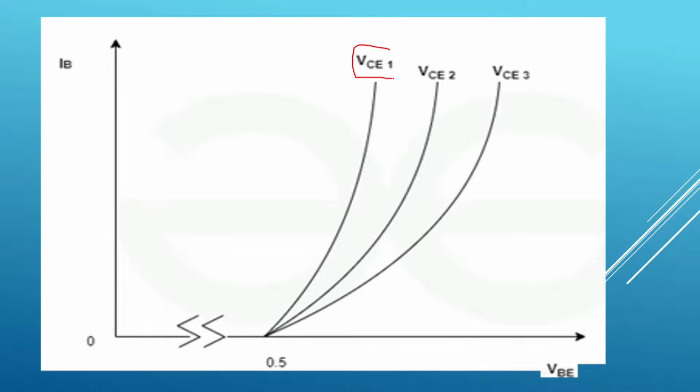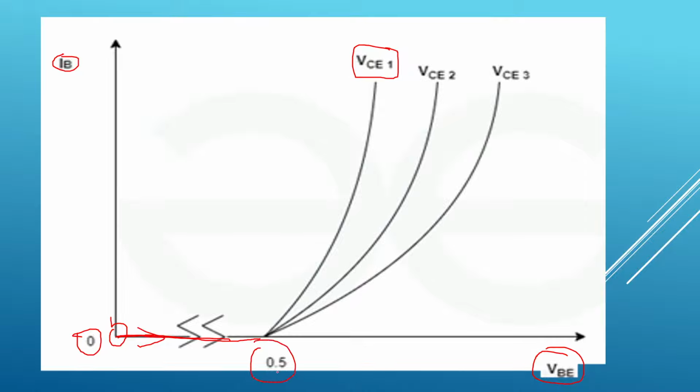For some value of VCE, you can see that initially, even though VBE is increasing, IB remains 0. Just observe here in this diagram. Initially at this instant, both VBE and IB are 0. Now VBE is gradually increasing, but IB is still 0, until VBE is equal to 0.5 volts.